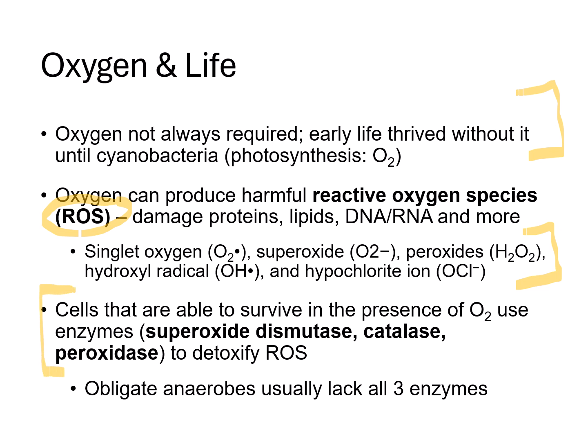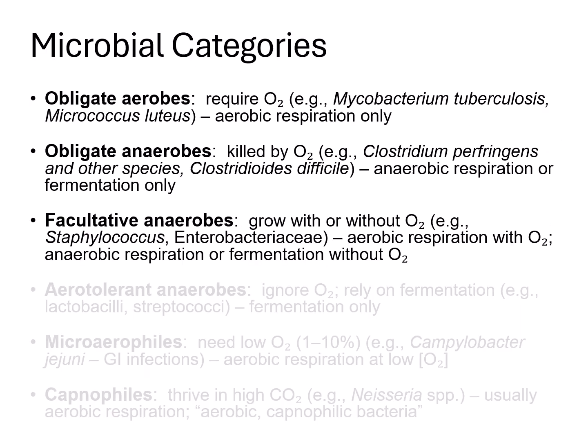And these enzymes are enzymes such as superoxide dismutase, catalase, and/or peroxidase. Obligate anaerobes cannot survive in the presence of oxygen because they usually lack these enzymes and they're killed by oxygen. So here's how we classify microbes by aerotolerance or oxygen tolerance, and much of this overlaps with what we've done in lab already.